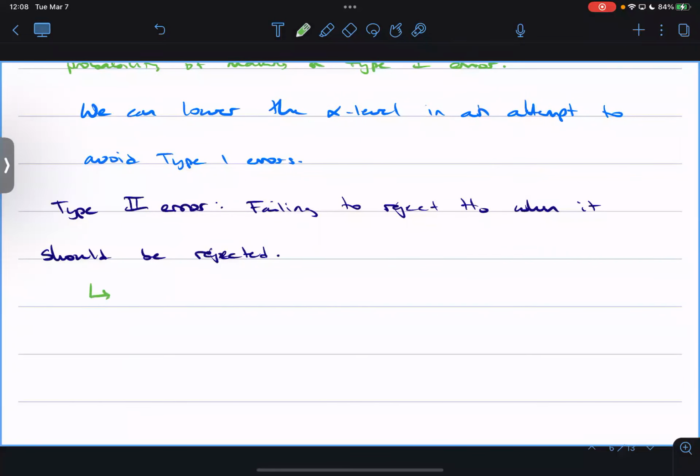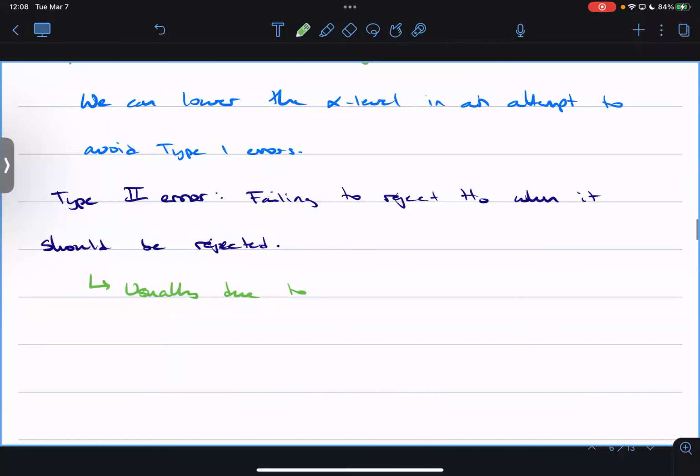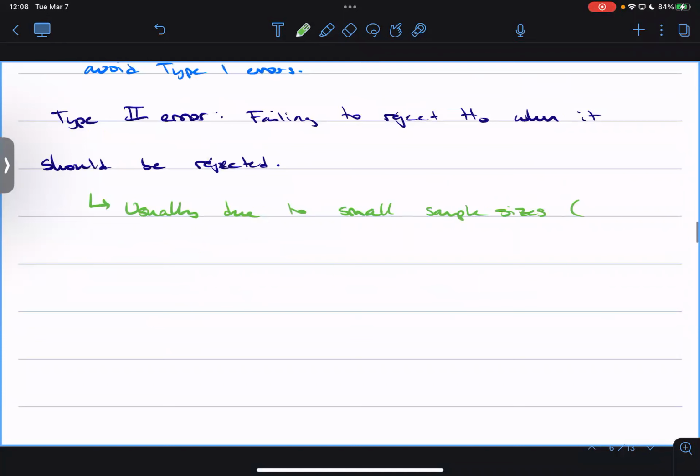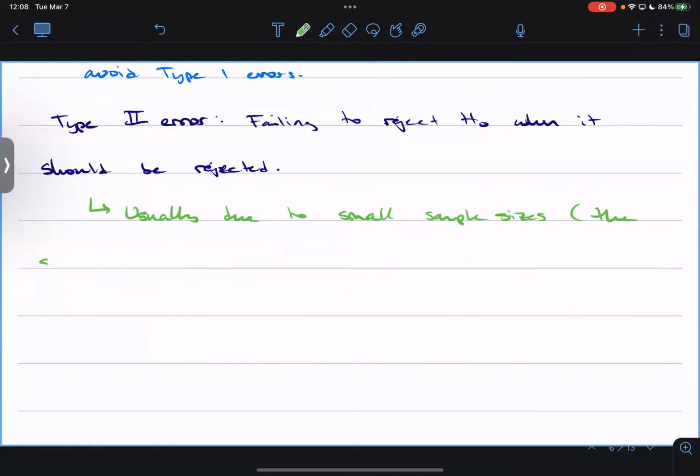Type 2 error is usually due to small sample sizes. The sample wasn't large enough to detect the difference.